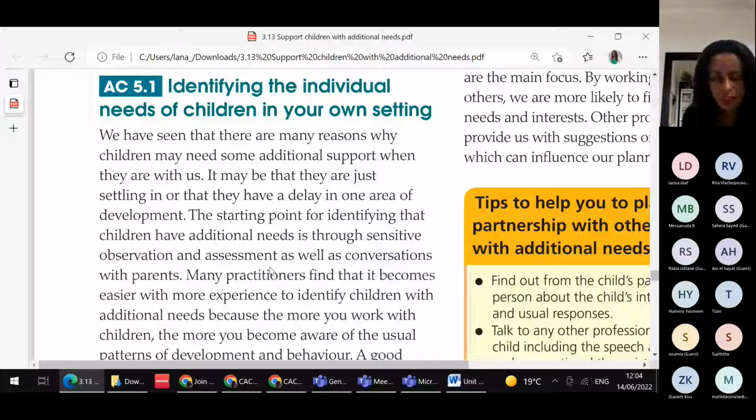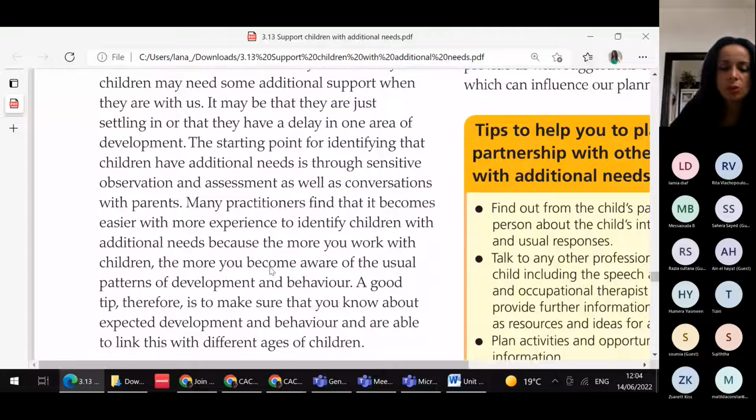If there is, maybe then I can take their permission to speak to a professional, like a speech therapist or a doctor. It depends on the child's situation. And then we can work all together for the child's benefit.